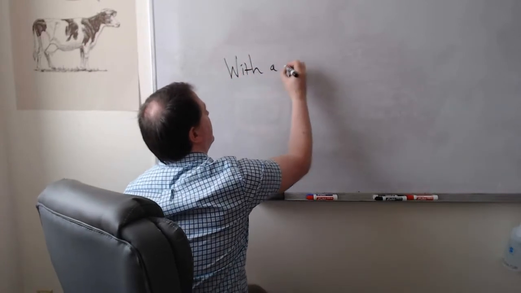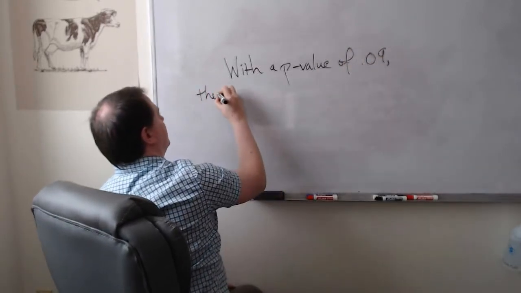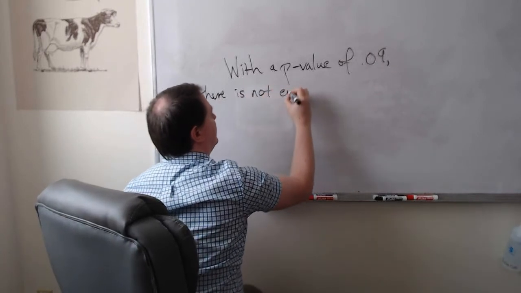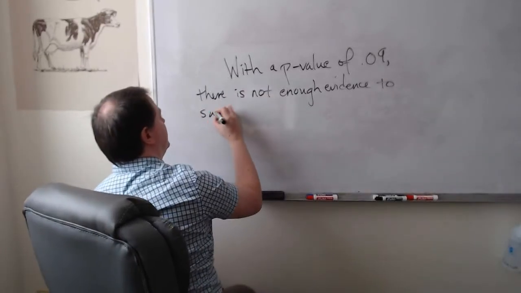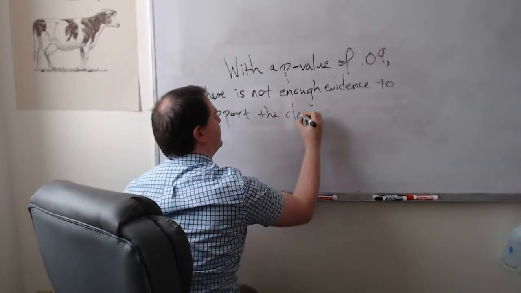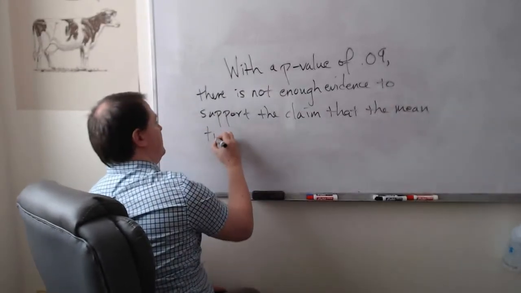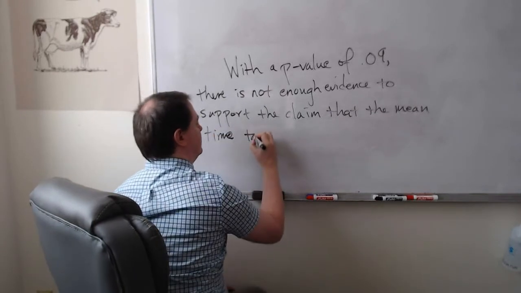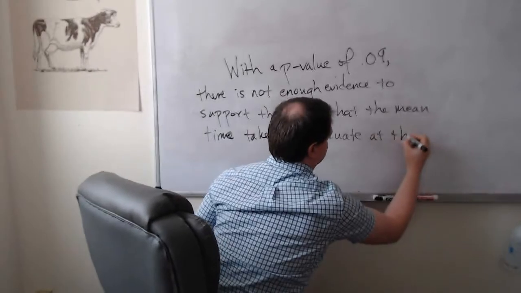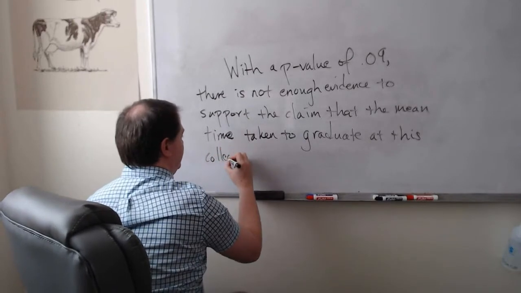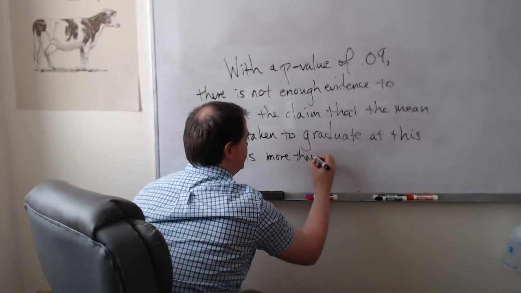So with a p-value of 0.09, there is not enough evidence to support the claim that the mean time taken to graduate at this college, right, it should be referencing our population, is more than 2 years.